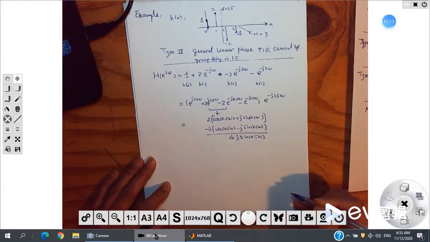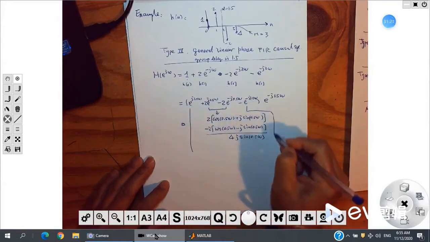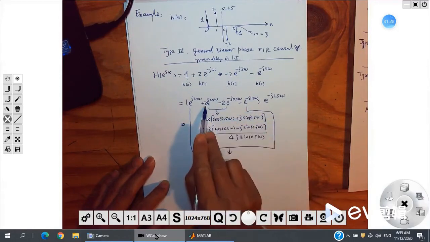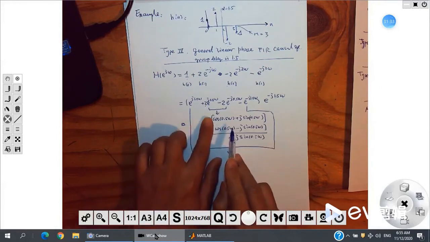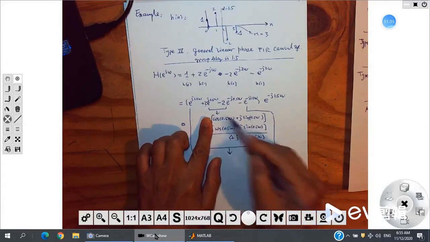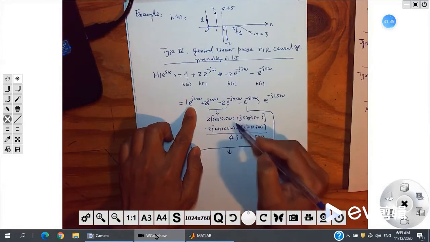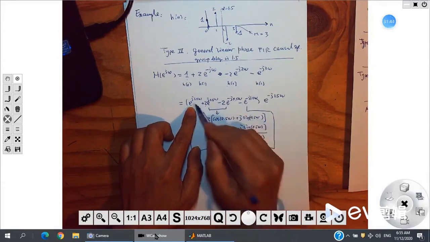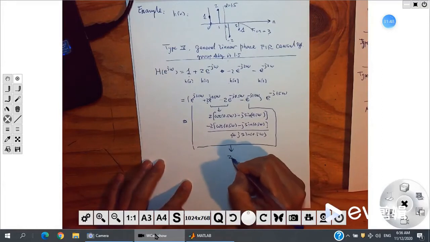Similarly, for these two terms, you check here. Here the coefficient is 2, then here is 4, so it's double. In these two terms it's a similar thing, but the coefficient in front of them is 1, so it's just 1 times 2 of the sine. Of course, you still need a j.